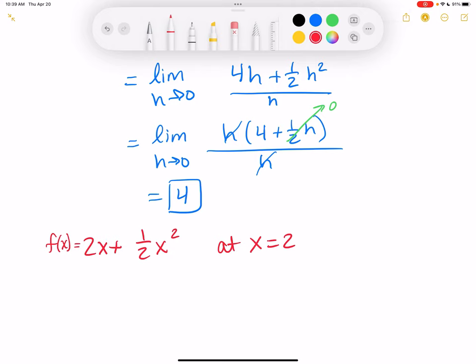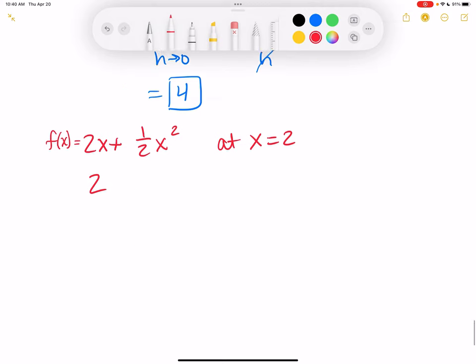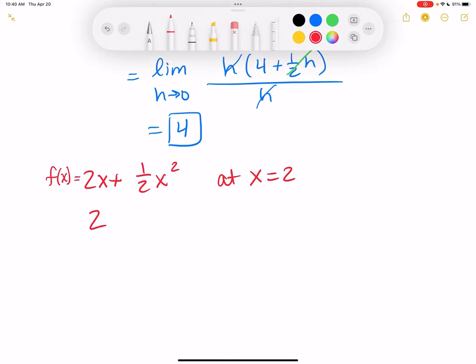What's the derivative of 2x? What exponent's on x right now? 1. So if I put the 1 out front, it's 2. 1 minus 1 is 0. x to the 0 is 1. So this is equal to 2. Plus, what's the derivative of 1/2 x squared?